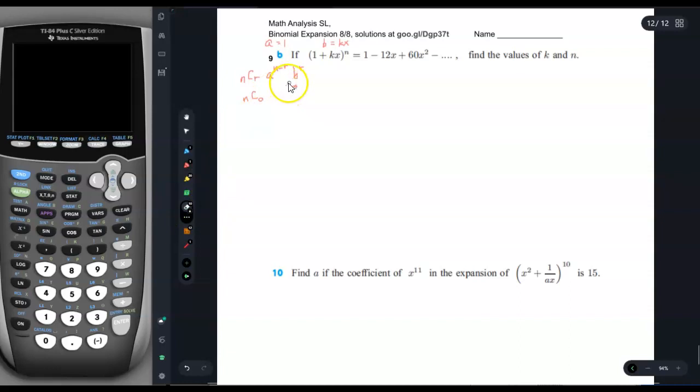Let's look at the b value. So the b value is kx. We're going to put kx in parentheses, and then put it to the r power. Except we know r in this case. Since this is the very first term, the r value is 0, right? The r value here is 0, the r value here is 1, the r value here is 2, okay? Because the first term is r equals 0, the second term r equals 1, etc. So this would be r equals 0, so that's 1 also.